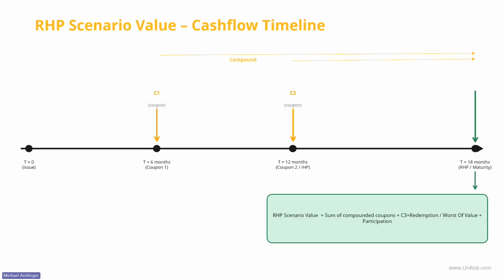These are now, from my point of view, the most important slides, because we now want to explain how the scenario value at the recommended holding period and at an intermediate holding period is calculated. You see here a timeline, you see here two coupons, and to compare the value of the instrument at the recommended holding period across different scenarios, you basically have to compound all cash flows before the recommended holding period to the recommended holding period.